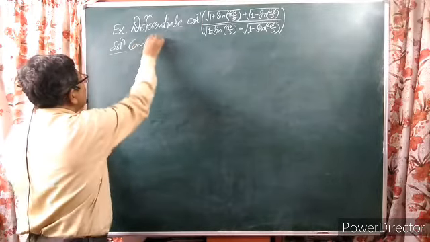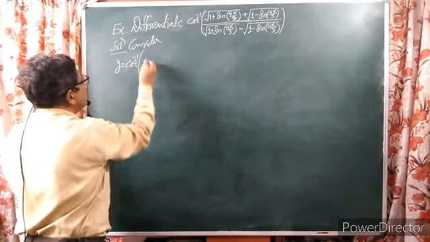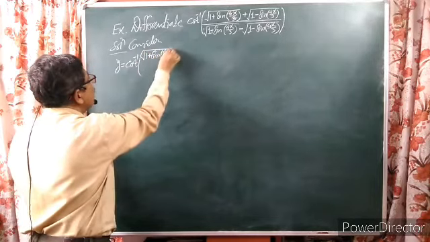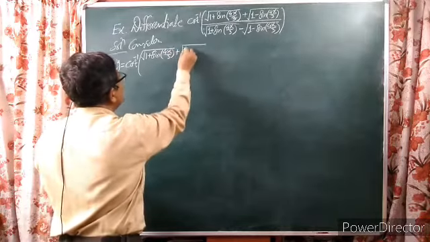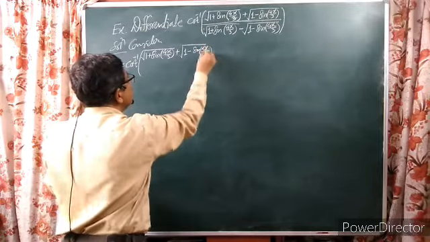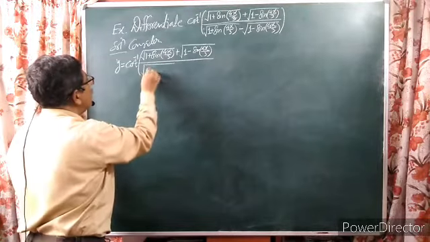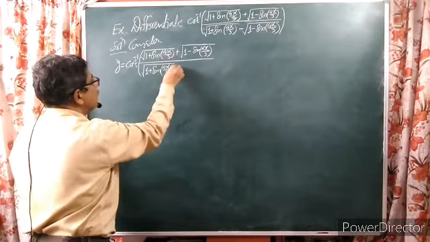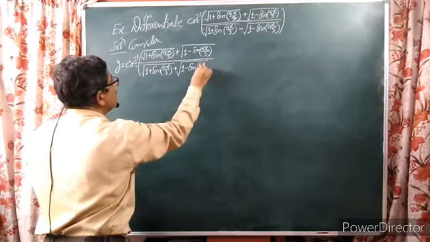Consider y is equal to cot inverse of root of 1 plus sine of 4x by 3 plus root of 1 minus sine of 4x by 3, divided by root of 1 plus sine of 4x by 3 plus root of 1 minus sine of 4x by 3.